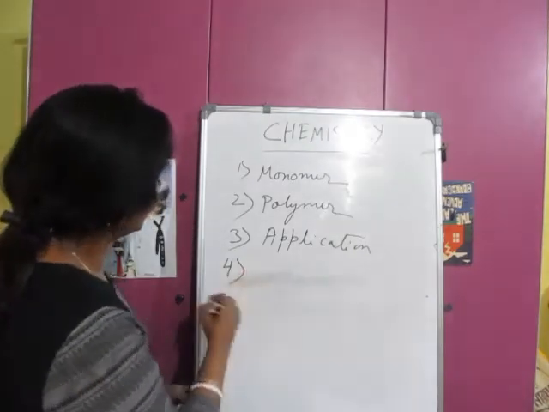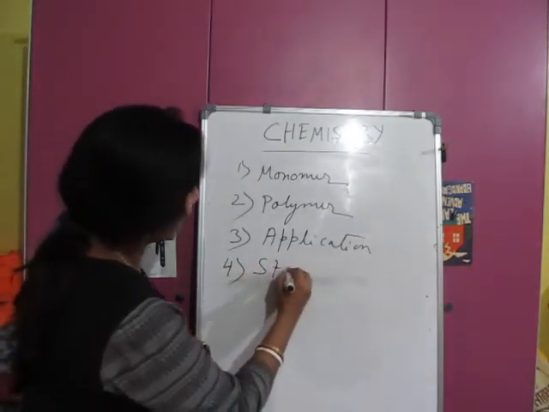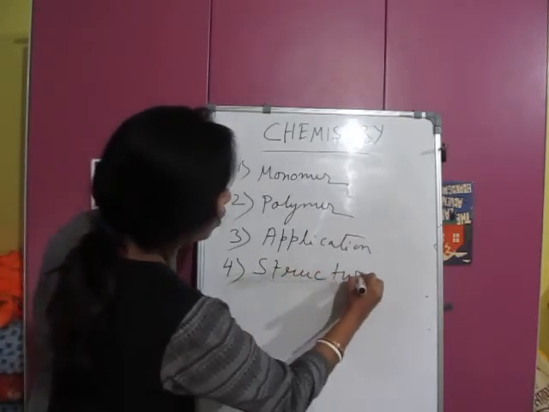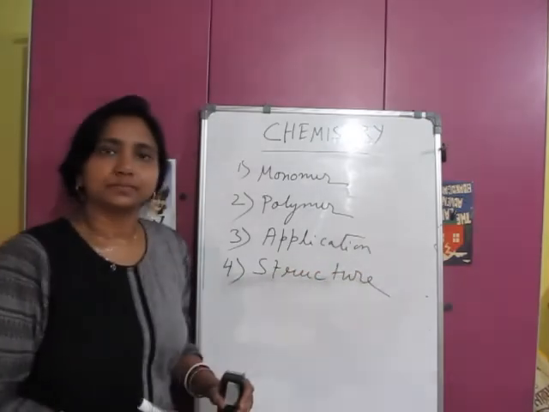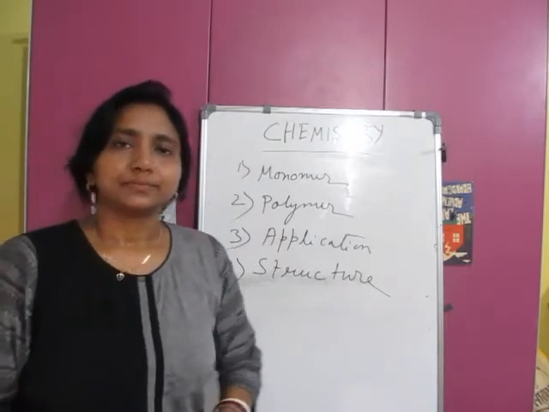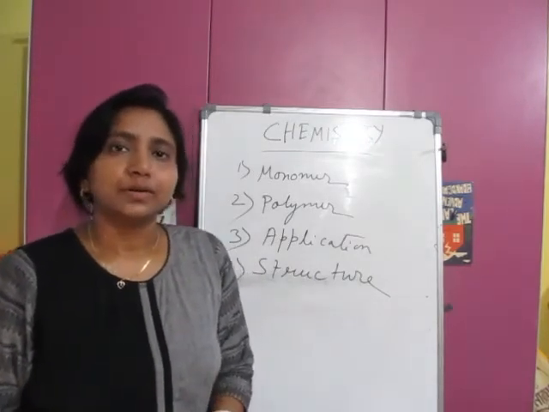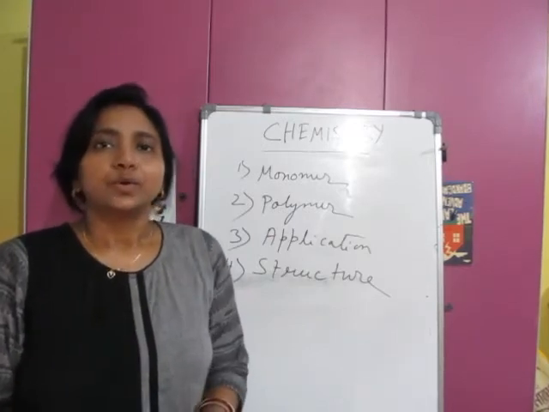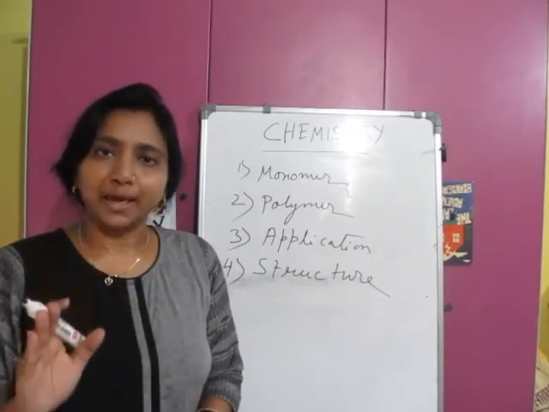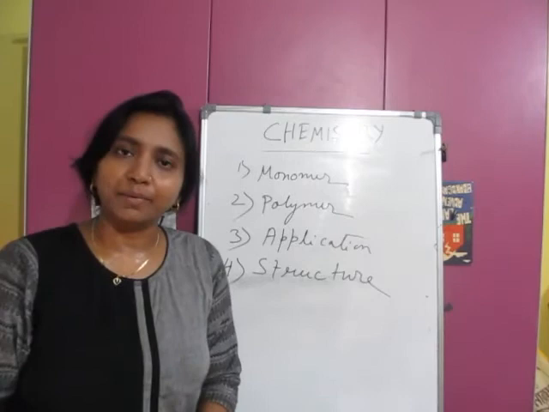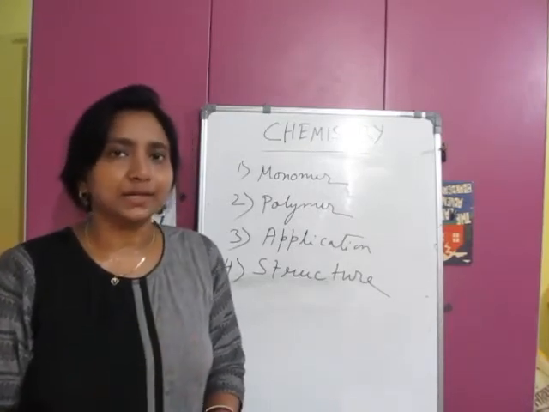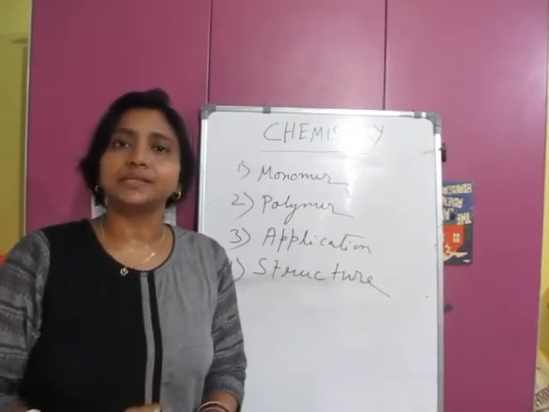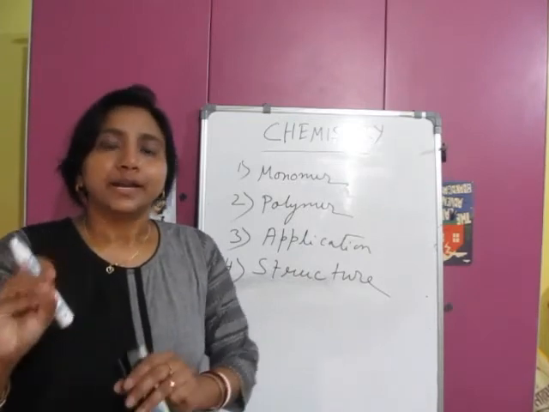Number four, you have learned to write the structure of polymers. So what is your task? Your task is to write five names of different polymers along with structure and application in your respective stream.